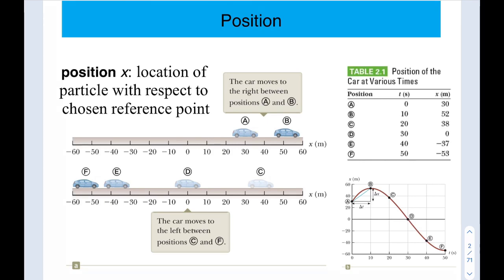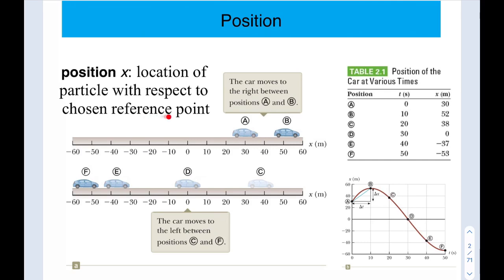Before we go to the motion of the object, first thing first, we need to know a few basic characters or information about position. Let's recall your prior knowledge: position is the location of a particle or object with respect to a chosen reference point.